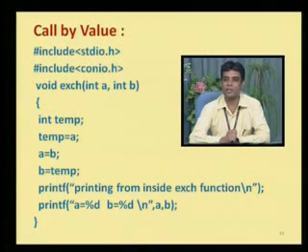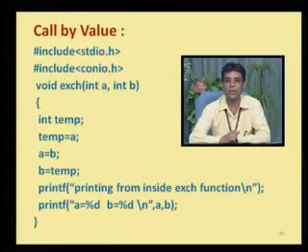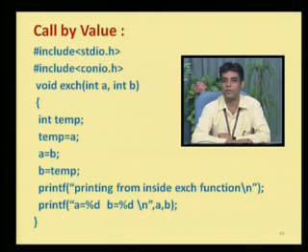Now a becomes 3 and b becomes 2. In the printf inside the function, we print a equals %d, b equals %d, with a and b. In that way we can print the values of a and b.